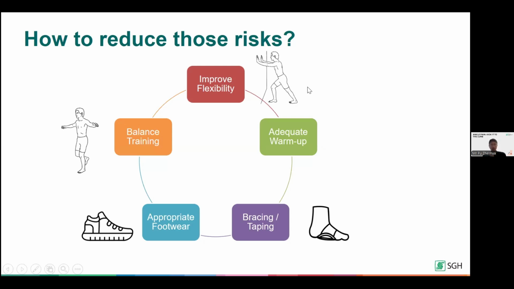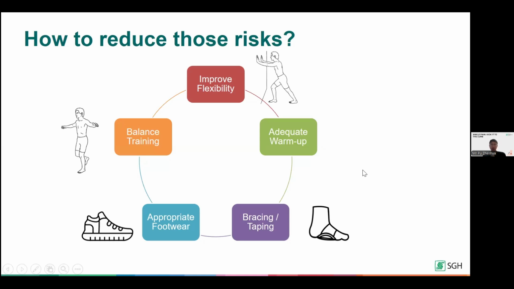Just now, I did mention a little bit about adequate warm-up in the previous slide. Before the activities or sport that we want to engage in, we should do some activity to speed up our heart rate, for example forward step up, stationary cycling, or some slow jogging to get the body and the foot and ankle warmed up and ready.